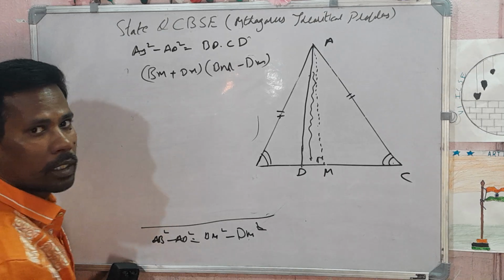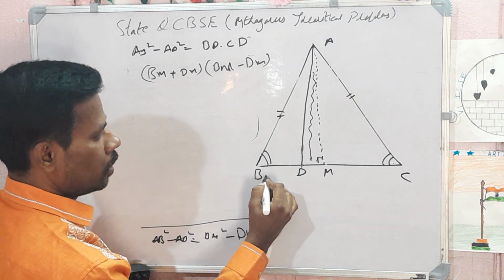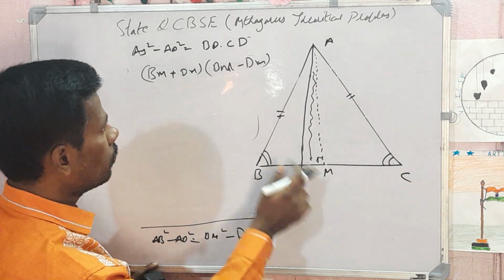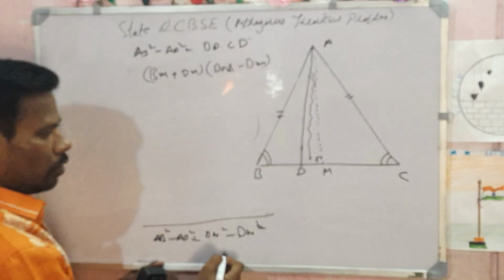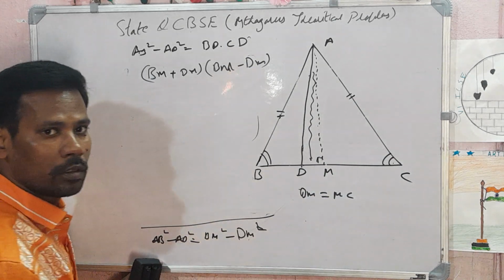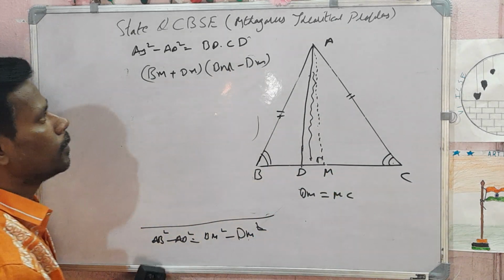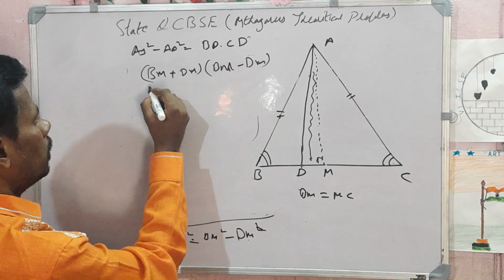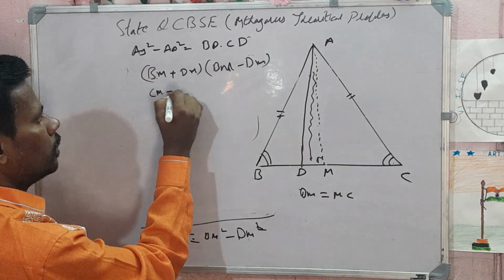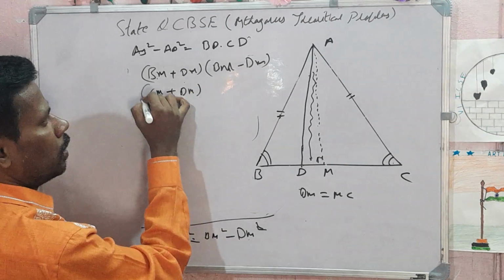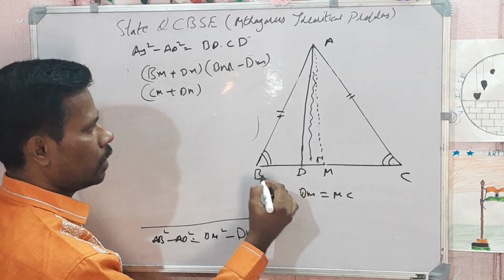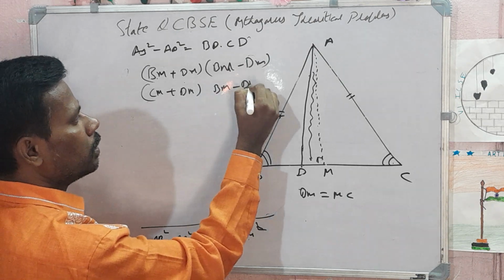Just now we have proved that BM is equal to MC, right? So here you write MC in place of BM: MC plus DM, and BM minus DM as it is.